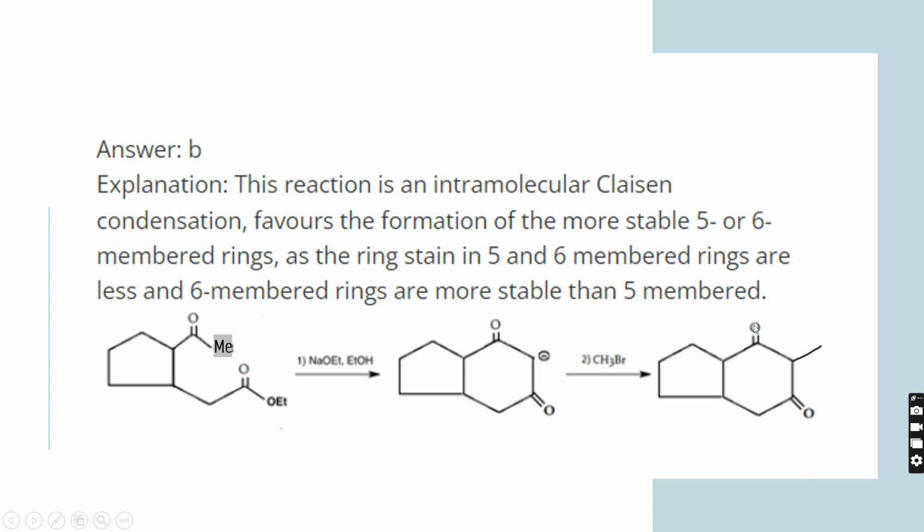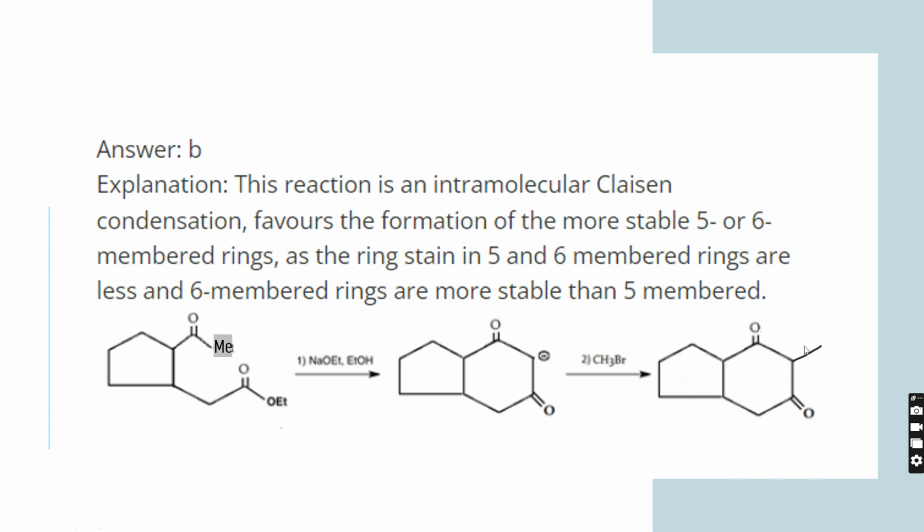So this product you are going to get as the final product of this intramolecular Claisen condensation. Maybe condensation you cannot call it, you have to call it Claisen reaction, because we are not removing the water molecule here. So at the end of this Claisen reaction, you have to choose this option as the correct answer.